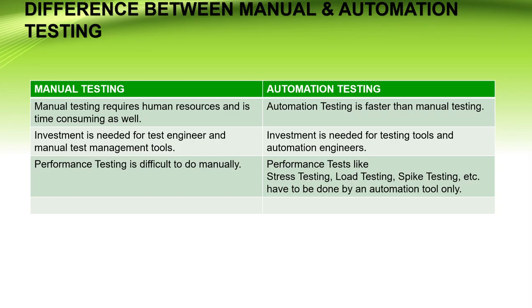If we do performance testing manually, I think it is not possible, because performance testing is all about speed and load testing, which is non-functional testing. So, performance tests like stress testing, load testing, spike testing have to be done by an automation tool only.